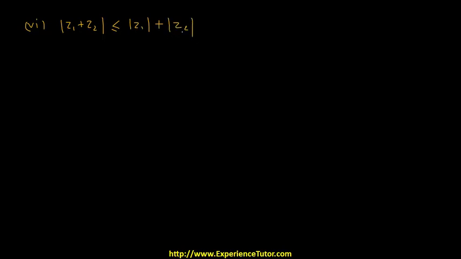And as a generalization we can write: modulus of z1 plus z2 plus z3 dot dot dot zn is less than or equal to modulus of z1 plus modulus of z2 plus modulus of z3 dot dot dot modulus of zn.